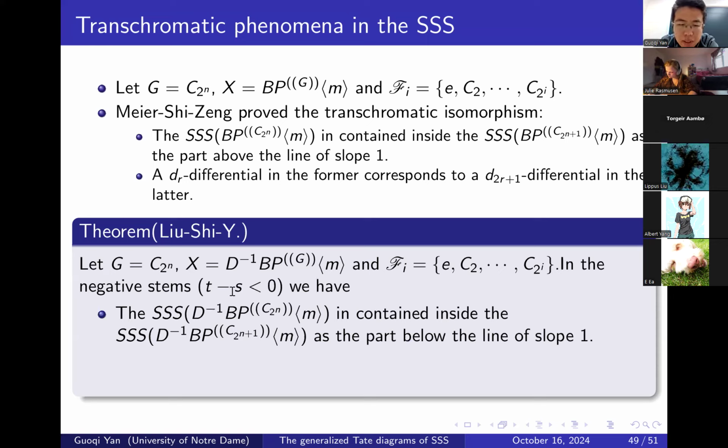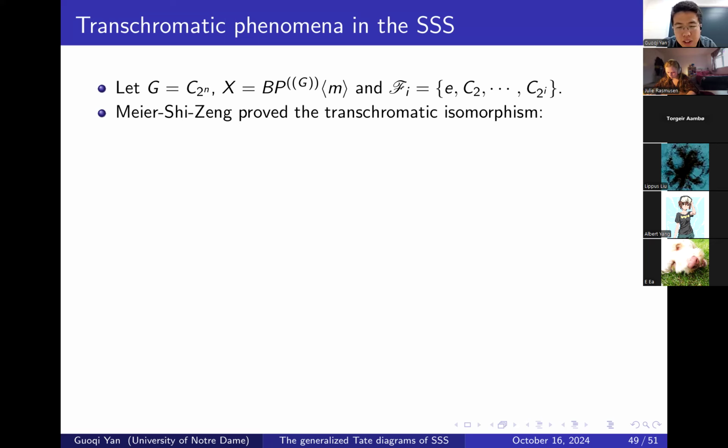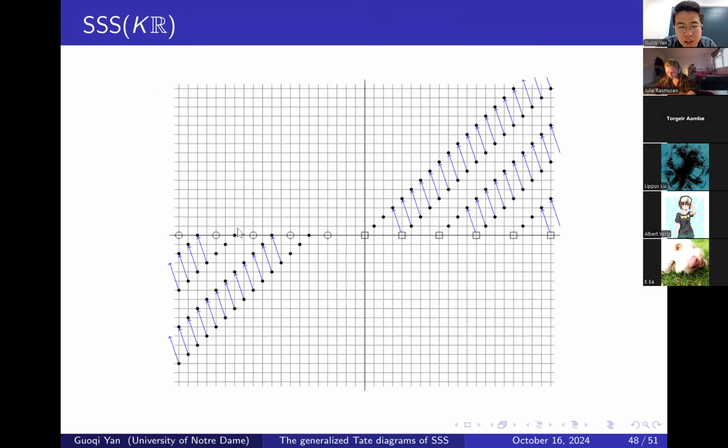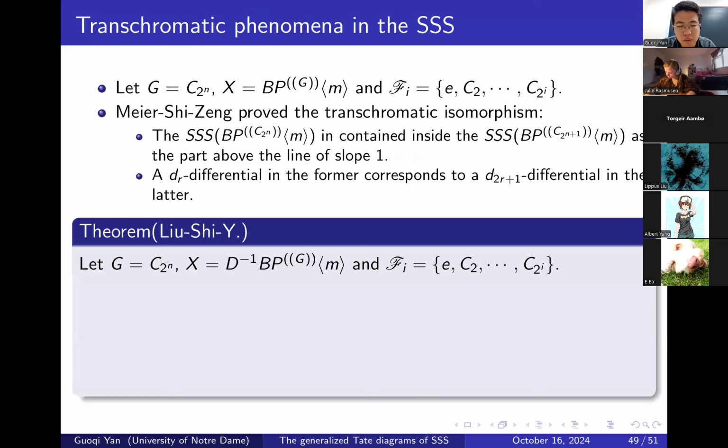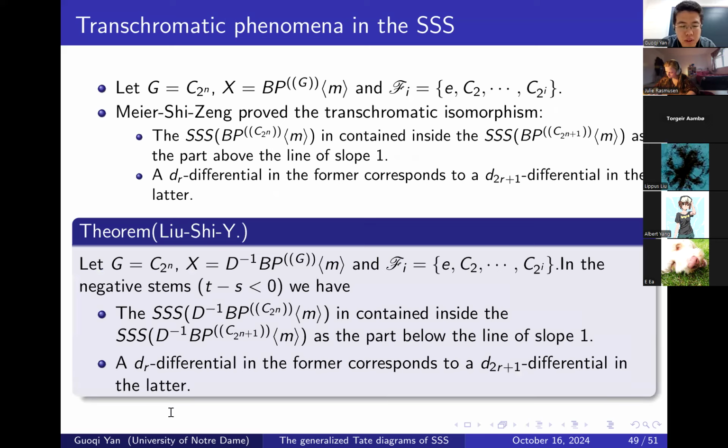So in the stems smaller than 0, for the periodic version of Hopkins-Ravenel theories, the slice spectral sequence of a lower height theory is contained inside the slice spectral sequence of a higher height theory, as we have seen here. In the negative cone, these blue differentials will sit inside the blue differentials in this region. Also, the length of the differential will be stretched.